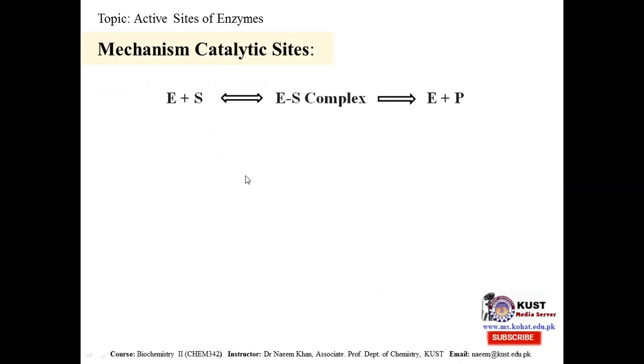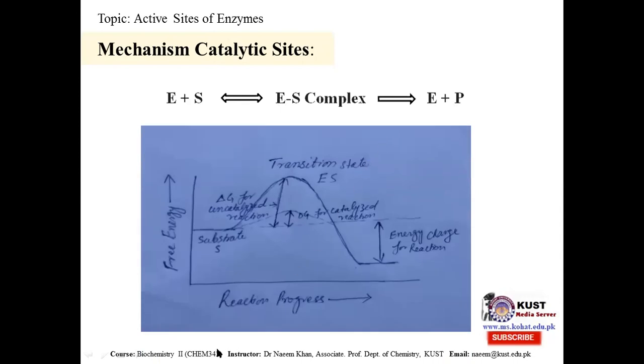Mechanism of catalytic sites. We explained that the enzyme comes in contact with the substrate, we get the enzyme substrate complex, and then products are formed and the enzyme is released. What is the mechanism? If we show the reaction progress by a graph, this is the free energy change, and here is the reaction progress.